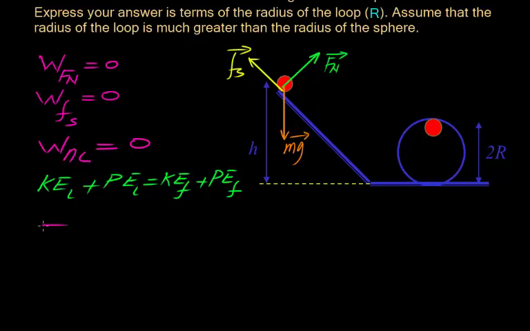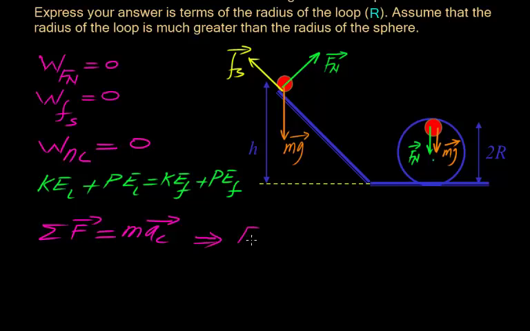The sum of the forces acting on the ball equals the mass times the centripetal acceleration. The two forces acting on the ball at the top of the loop are mg and the normal force, and both of them are acting straight down. Detailing Newton's second law, we obtain the normal force plus the weight mg together equals the mass times the centripetal acceleration.